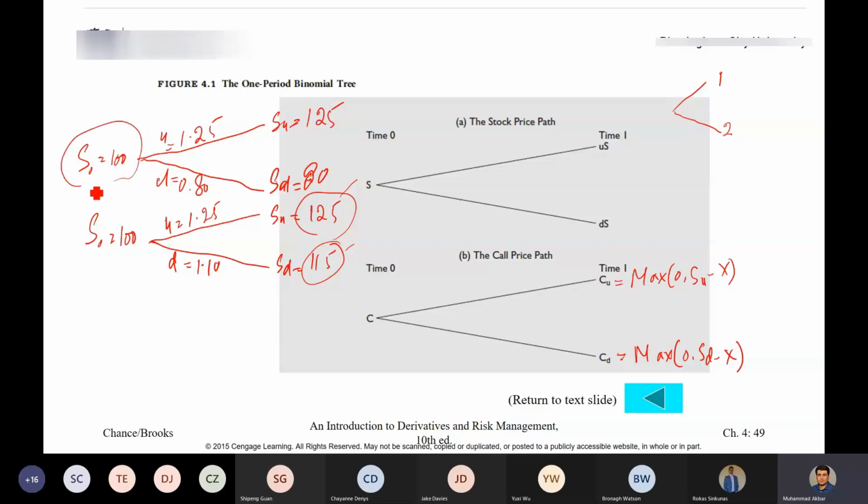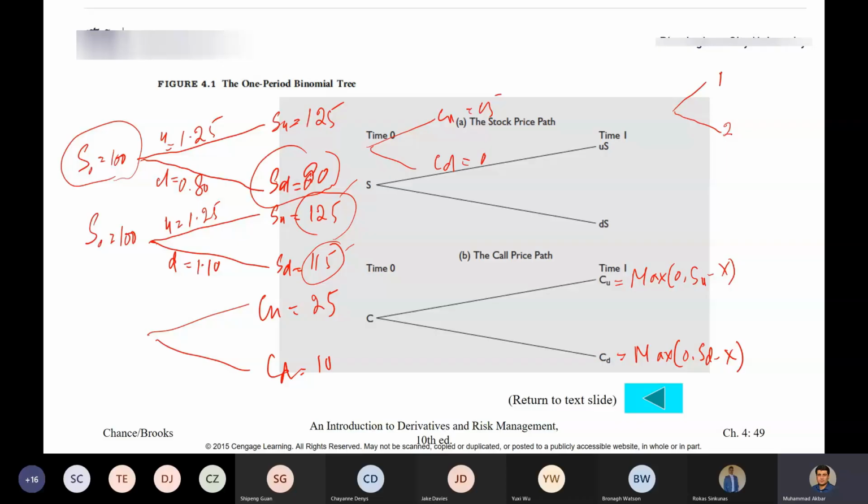Generally people consider that it will always be below 100 here, but it's not necessarily the condition. Okay, so in such a case you will have your CU equal to, for example, 25 here, and your CD equal to 10 here. But in the earlier case it will be equal to 25 and it will be equal to 0 because it is out of the money.